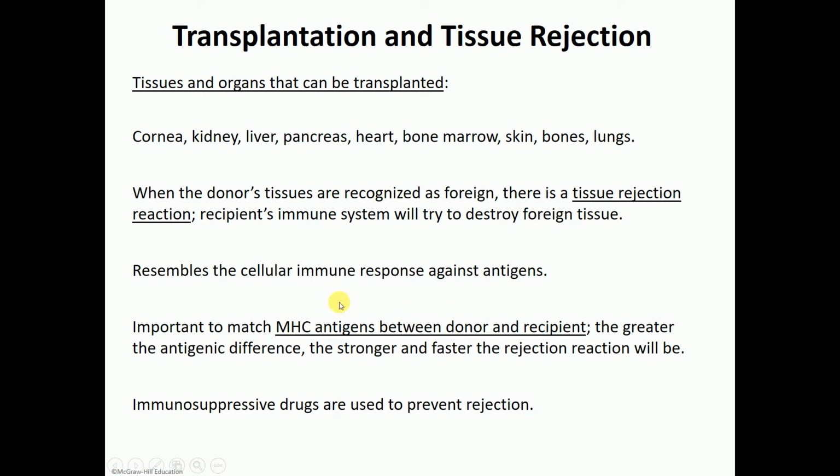On the other hand, the greater the antigenic difference between the recipient and donor, the more it puts the recipient at risk of a stronger and faster rejection. So again, to prevent that from happening, you want to find the best match in regards to MHC antigens and put the patient on immunosuppressive drugs.